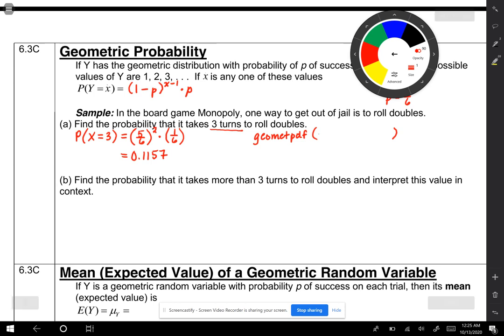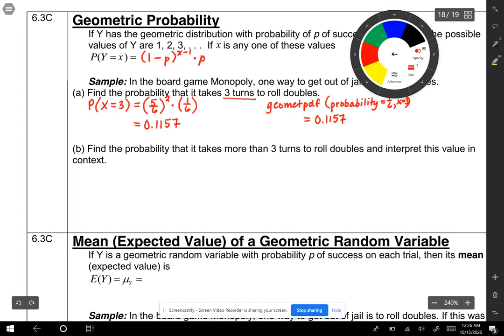The first prompt is probability, which is 1/6. And then your point would be x equals 3. In parentheses, 2 close together. But anyways, that'll give you the exact same answer, 0.1157. So you could do it either way.